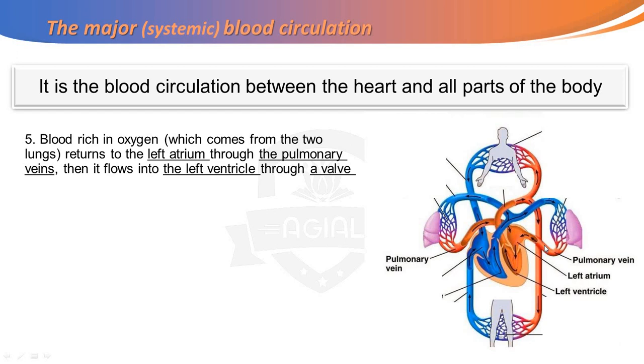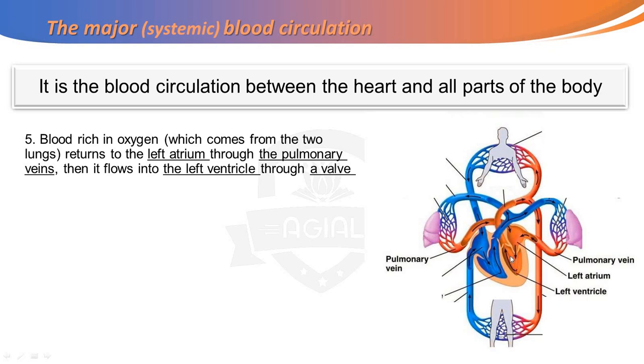The blood now wants to return back to the heart to give the blood full of oxygen to all the body parts. So it will return back to the heart through the pulmonary veins till it reaches the left atrium. The blood in the left atrium will go to the left ventricle through the valve.